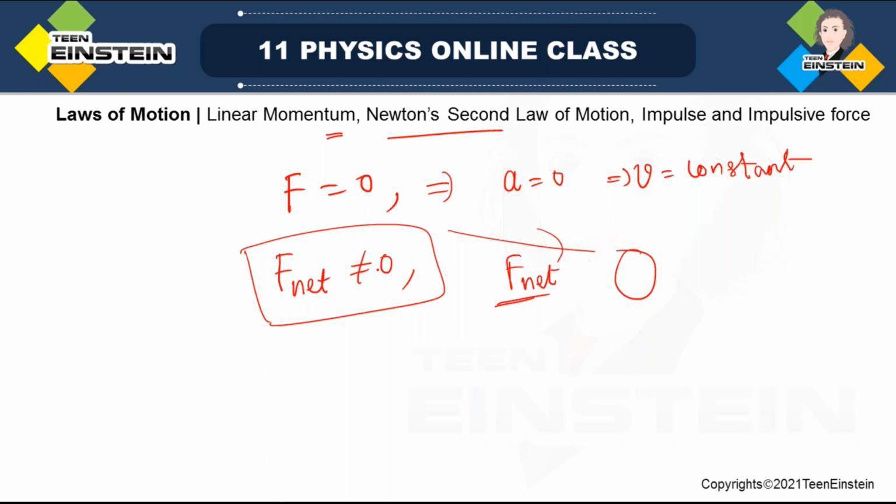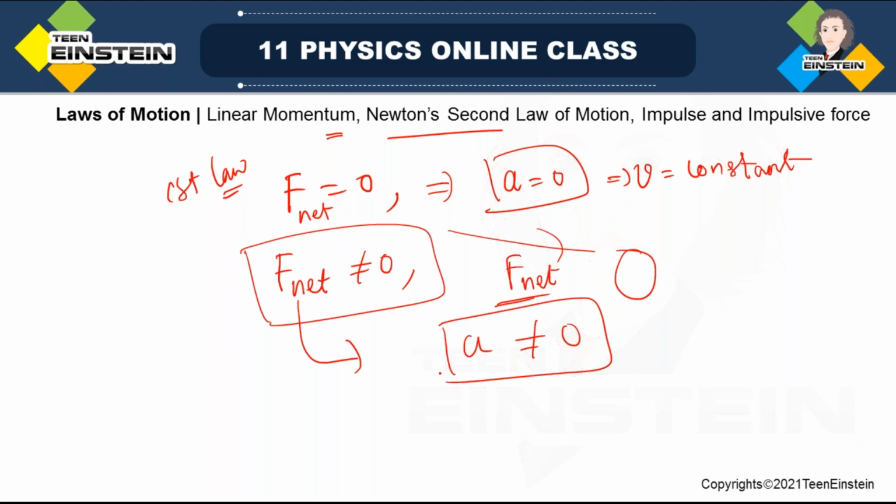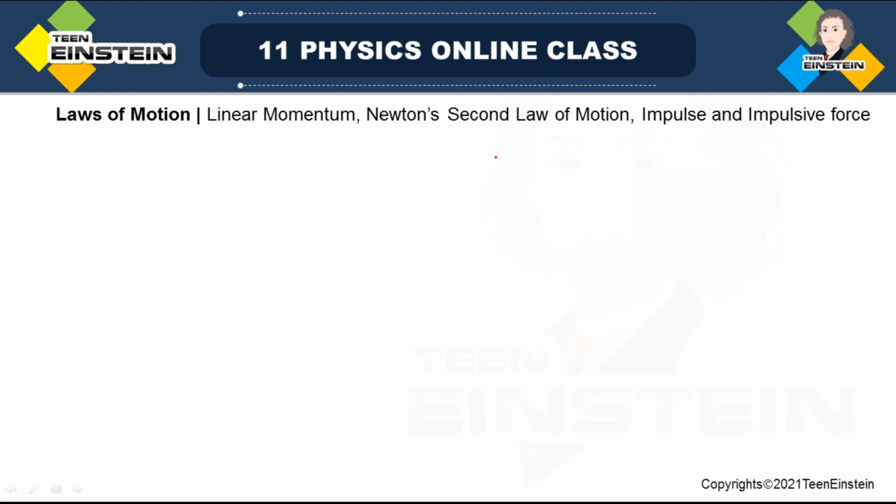In fact, in the previous case, in the first law, net external force was 0, then acceleration was 0. But in this case, since the force is not equal to 0, obviously we can expect that acceleration also will not be 0. So in this case acceleration will be there, and things like that we'll be discussing today to observe and analyze the effect of the force on the motion of any object.